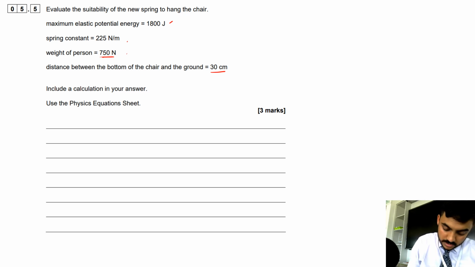How do we know? Force is equal to spring constant times extension. And if we can find the extension that we will cause when a force of 750 newtons is used on the spring, which has a spring constant of 225 newtons per meter. So 750 is equal to 225 times e.